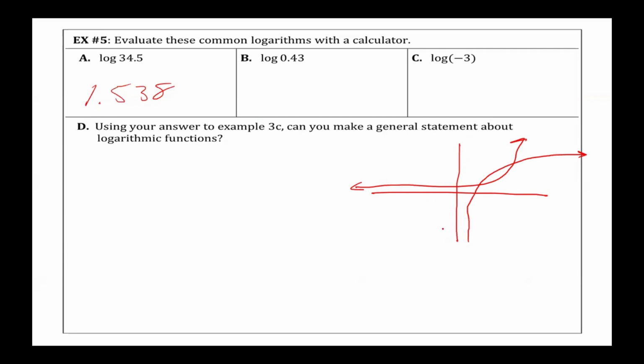And what can my x not be for a log? Negative, because there is this vertical asymptote. So if my argument is negative, that means no real solution. It does not exist. I don't have to even use a calculator because if I remember the properties of my log, the log function cannot have negative arguments. Does that make sense? Okay.